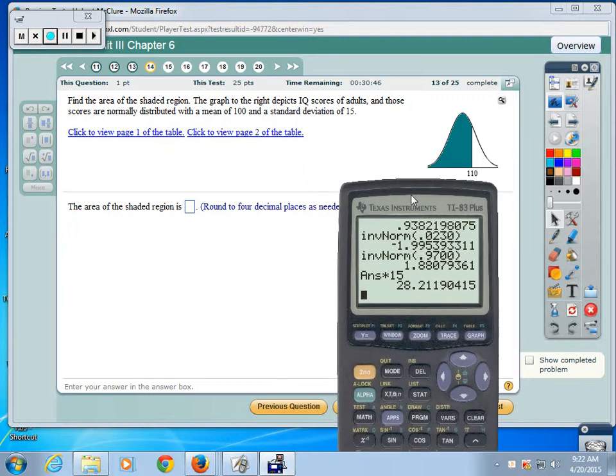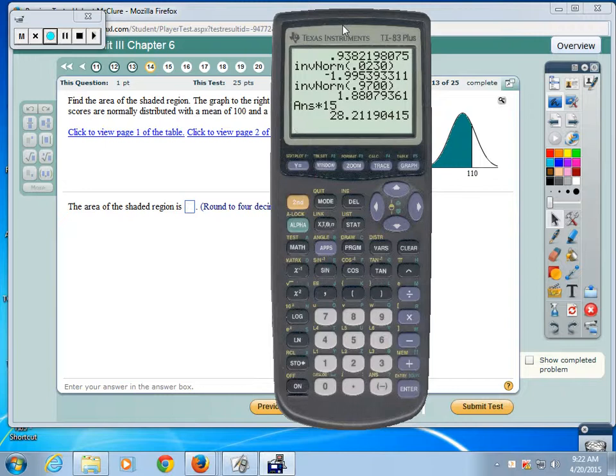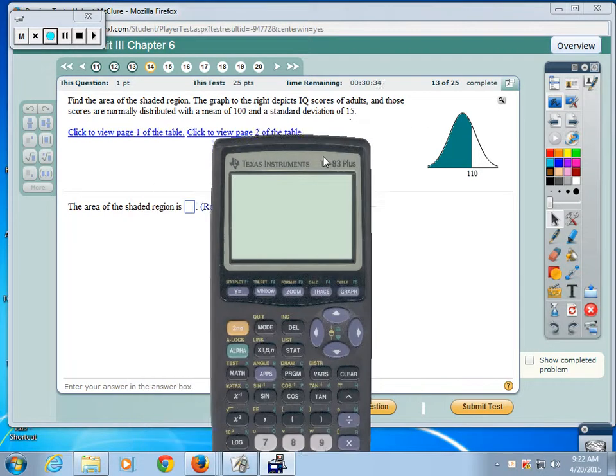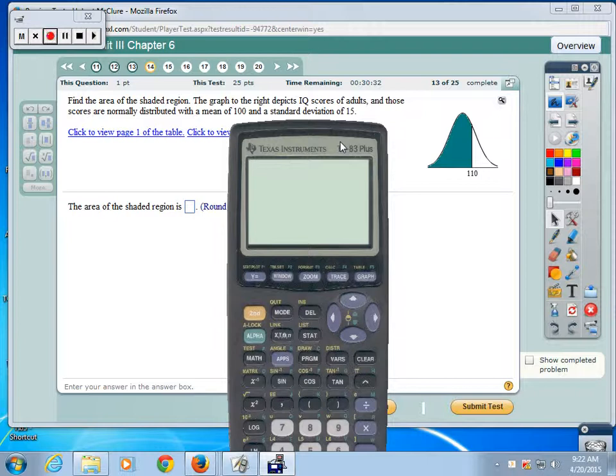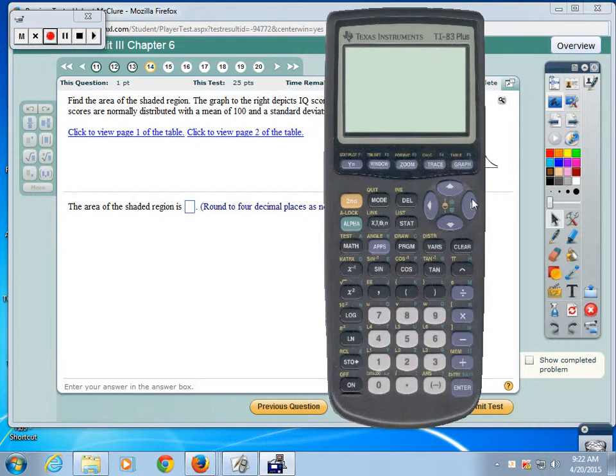All right, negative infinity to 110. So put that in your calculator, and of course you're not going to get the right answer. We had to change 110 to a z-score. So 110 minus 100 is 10 over 15, which is what? 2/3, which is 0.67, right? Yes, Hubert. Thank you, class. Y'all settle down.